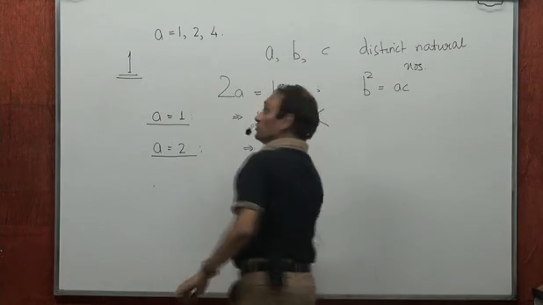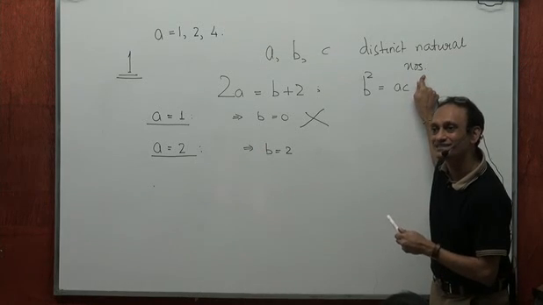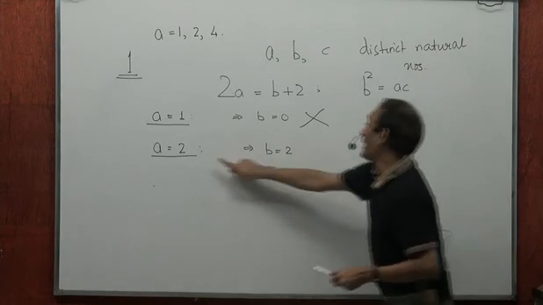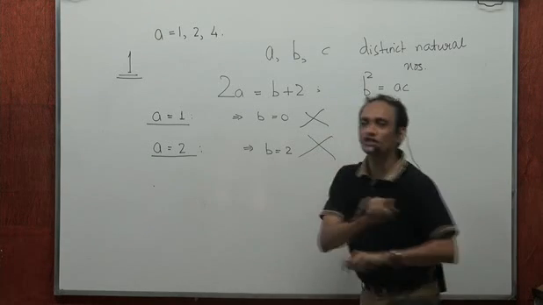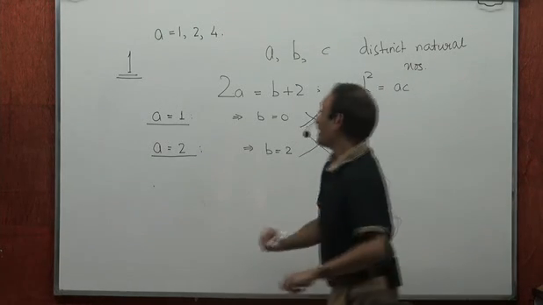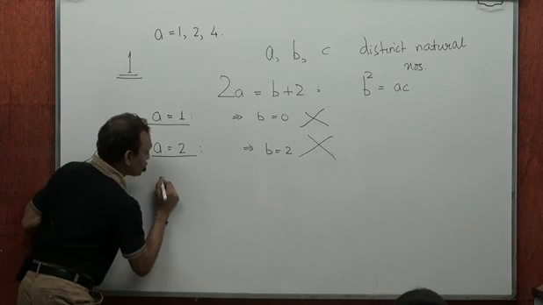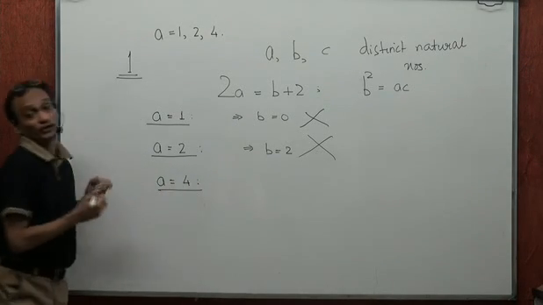Can I accept this value? No, why? Because they are meant to be distinct natural numbers. I'm getting A and B both as 2, so I will rule this out. Sounds fair?